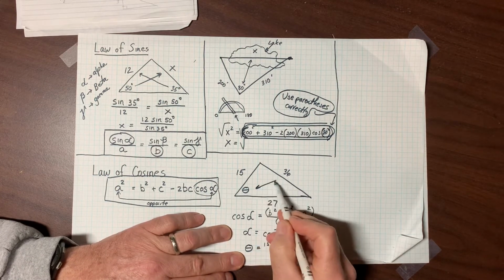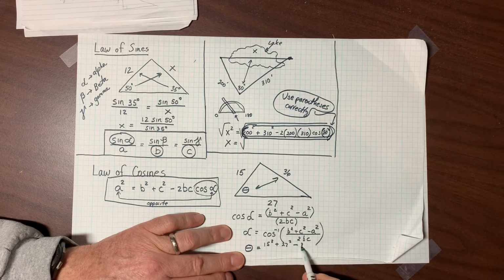Remember, 36 is opposite theta, 36 squared, all over 2 times 15 times 27.